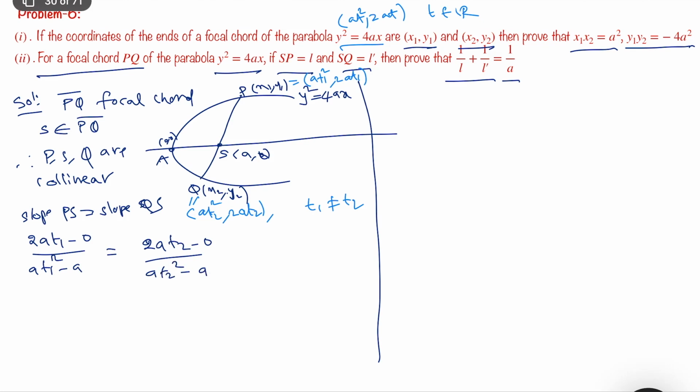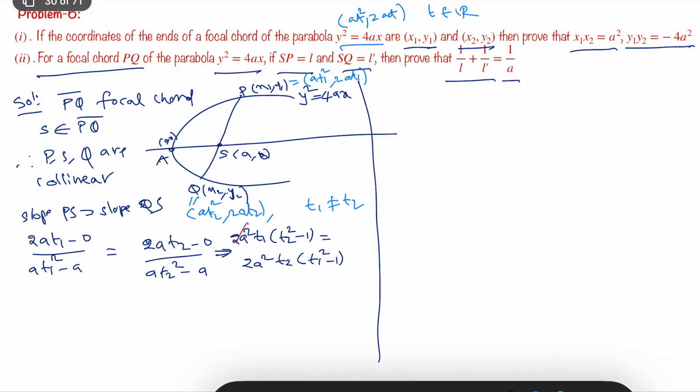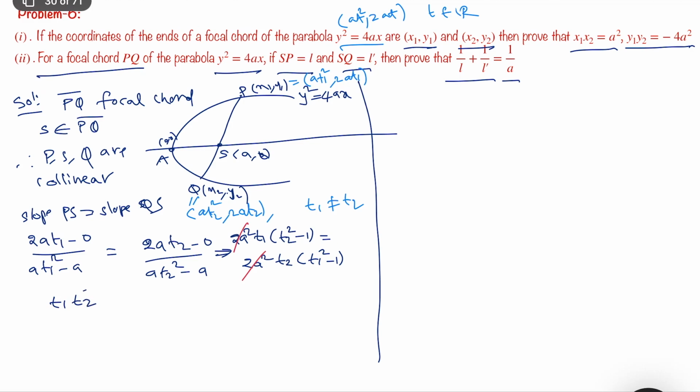So next we can write this: 2a² t1(t2² − 1) = 2a² t2(t1² − 1). As you can see, this 2a² cancels. Now we have t1t2² − t1 = t2t1² − t2.